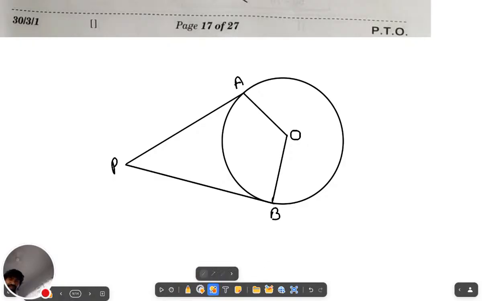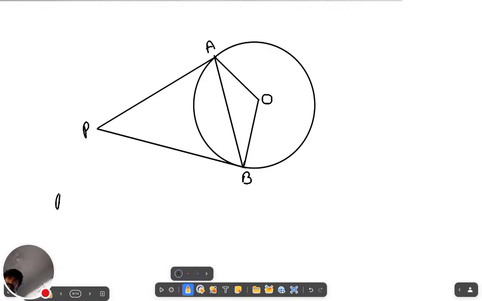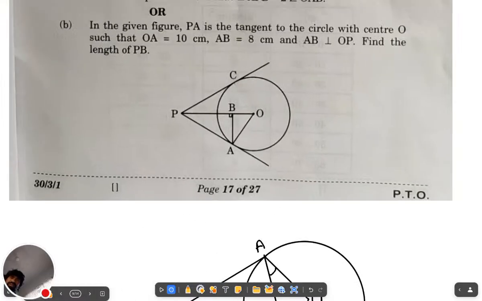Now what do we need to prove? Here we need to prove that angle APB, the angle at P, is double of angle OAB, the angle at A. Is that what we have to prove?